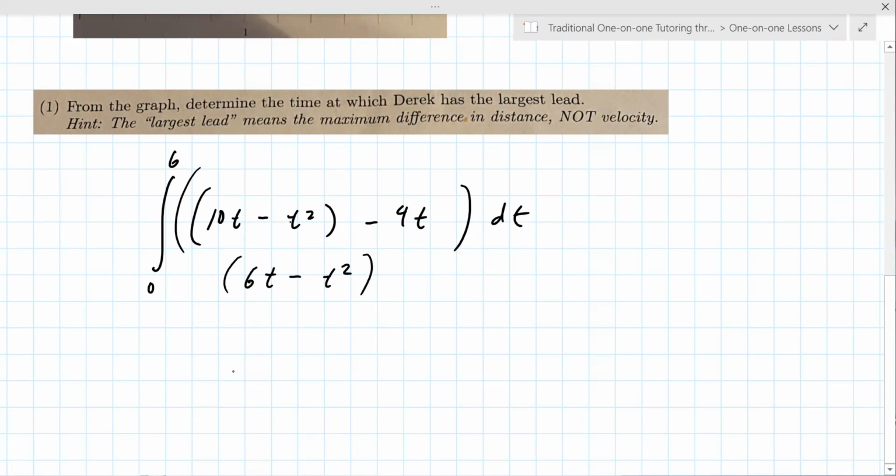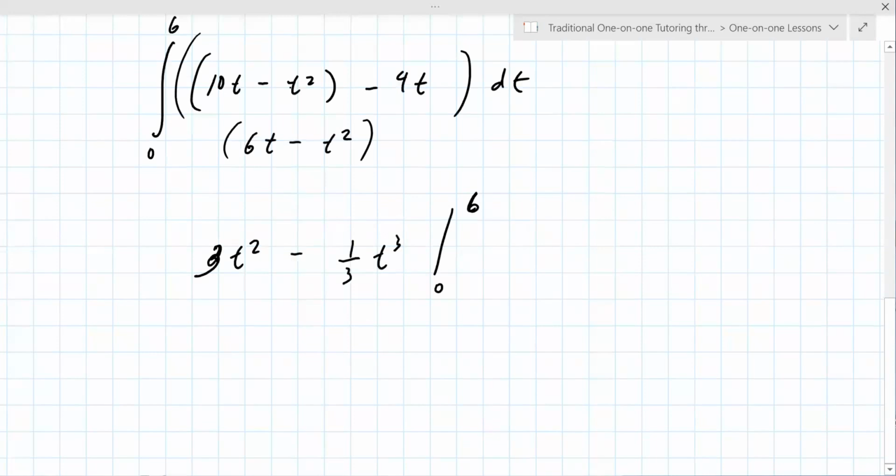So the antiderivative of this is 3t squared minus 1/3 t cubed evaluated from 0 to 6. If you take the derivative of both of these, you get back to the original, and then you just have to do top minus bottom.